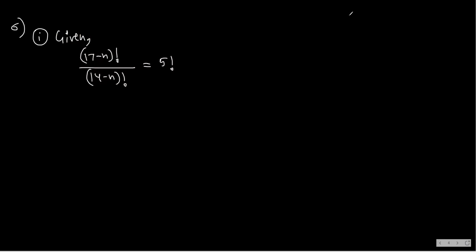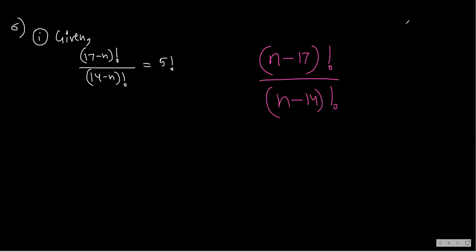The difference is that in the earlier problem, you had something like n minus 17 factorial upon n minus 14 factorial. You had factorials of numbers with the help of n, but those were n minus.